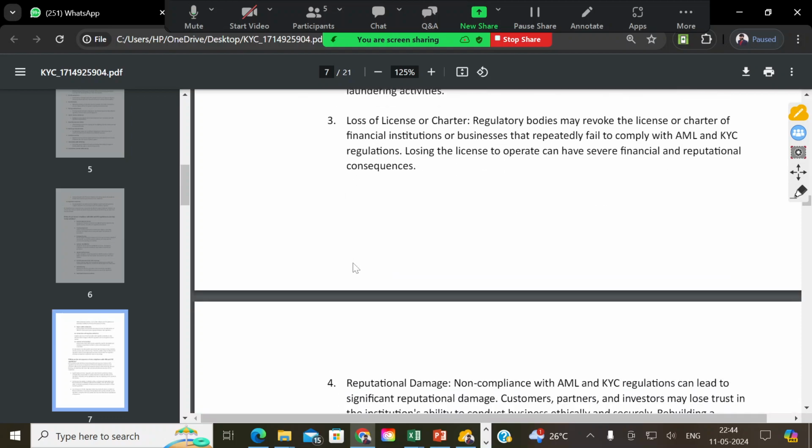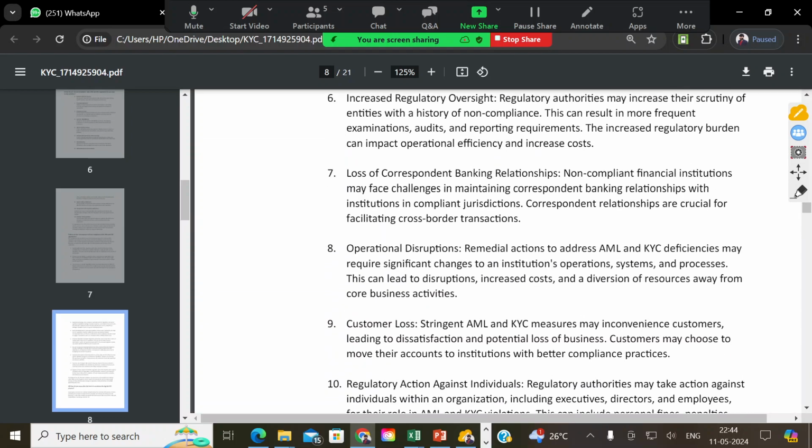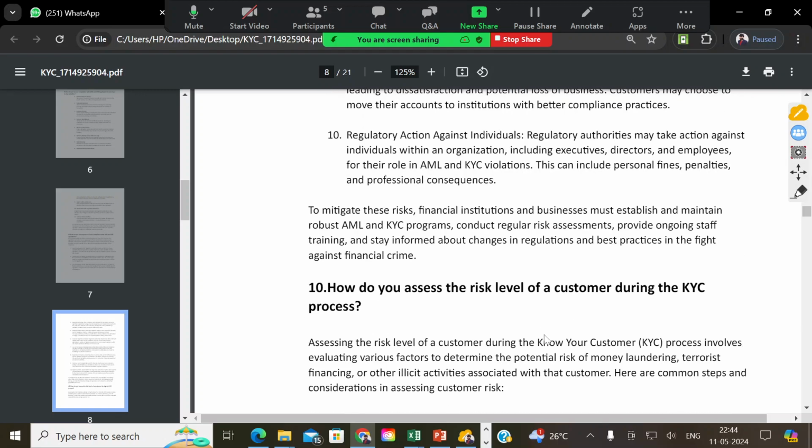That also may happen. Your license may get cancelled, reputational damage, increased regulatory oversight on your activities. Recently, if you see, RBI imposed sanctions on Kotak Bank, and IIFL Finance as well. Operational disruption also, customer loss, regulatory action against individuals, right, their directors or employees, that also may happen.